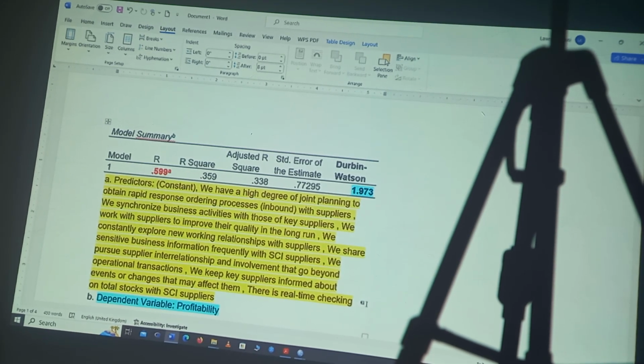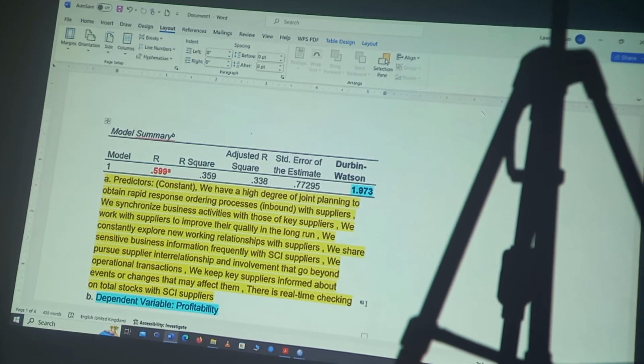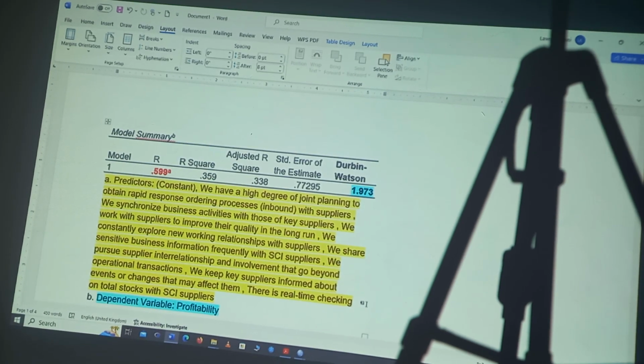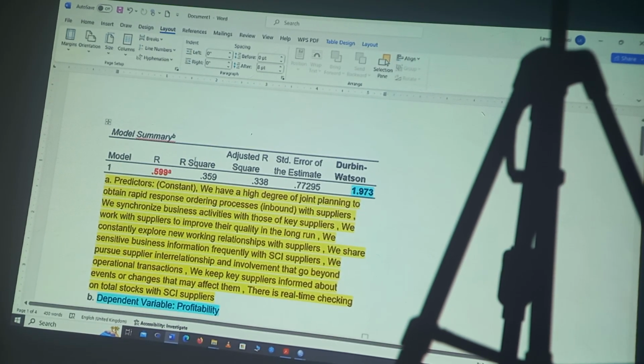So we can go on to now look at the actual impact of the changes in the independent variable on the changes in the dependent variable. The coefficient of determination is represented by what? The R squared.